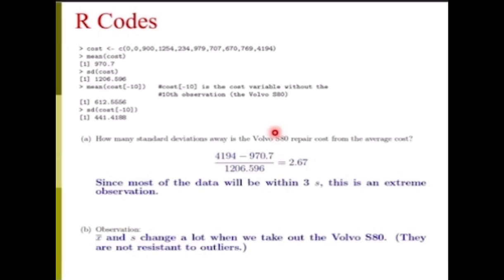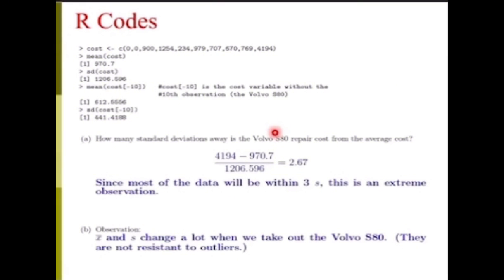A negative value means that number of standard deviations below. And don't forget, for a normal distribution we expect 99-point-something percent of the data to fall within 3 standard deviations. These still fall within. Therefore, since most of the data will be within that, this is an extreme observation.